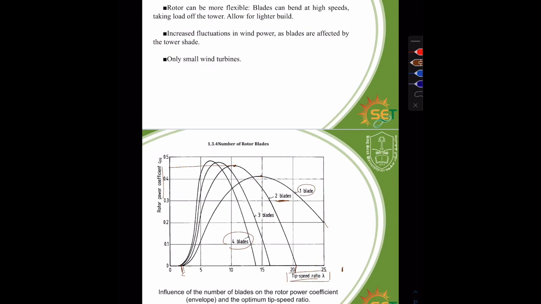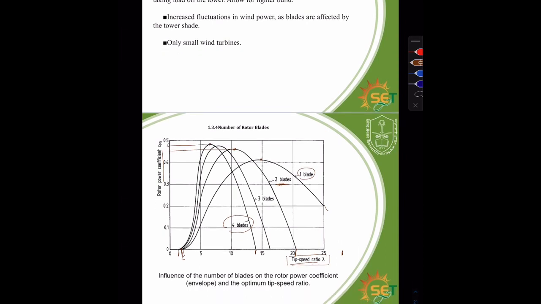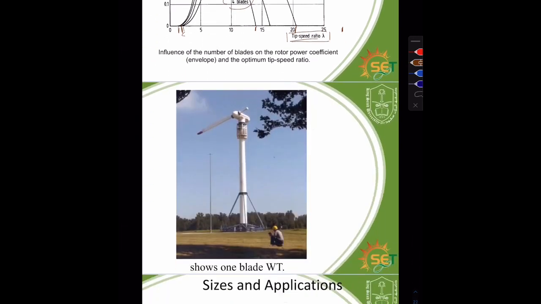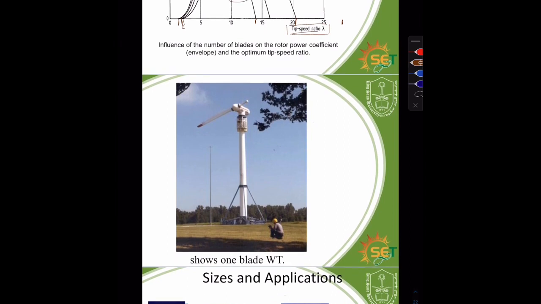Four blades have a very narrow tip speed ratio range, but it's the most efficient. So the more blades we have, the narrower the tip speed ratio range and the higher the power coefficient we could have. That's a photo of a single blade turbine.